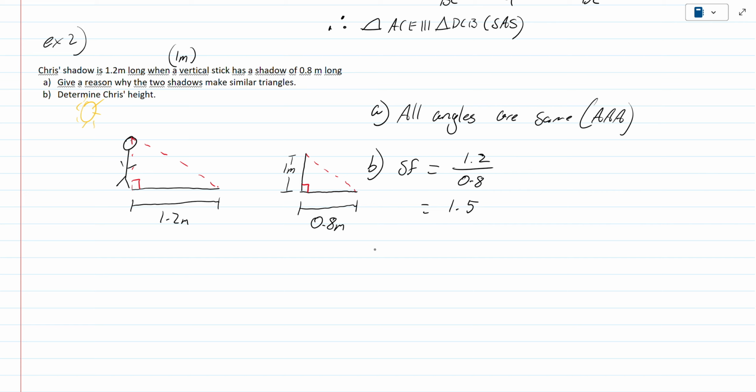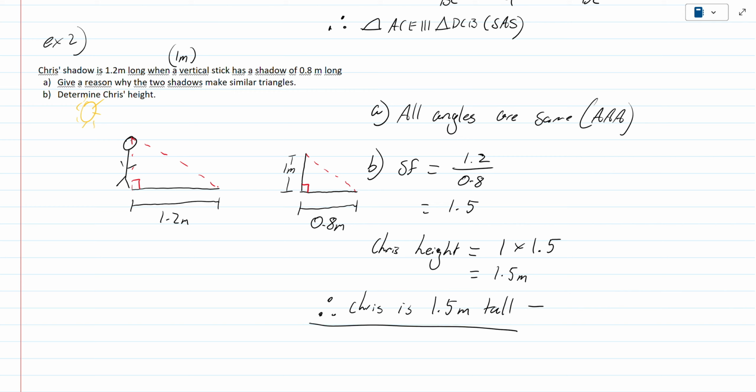So then Chris's height is going to be equal to the height of the stick, which is 1 meter, times the scale factor, which is 1.5, which gives you 1.5 meters. So Chris is 1.5 meters tall. And that's your answer.